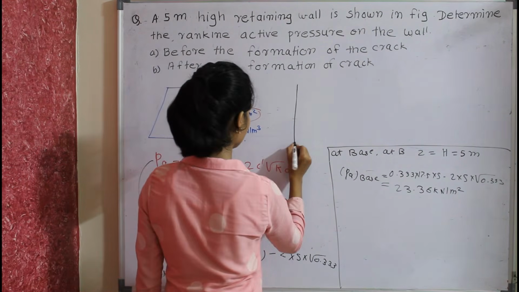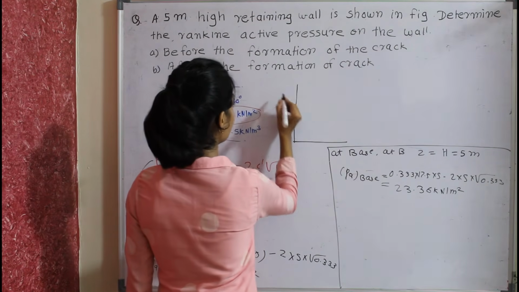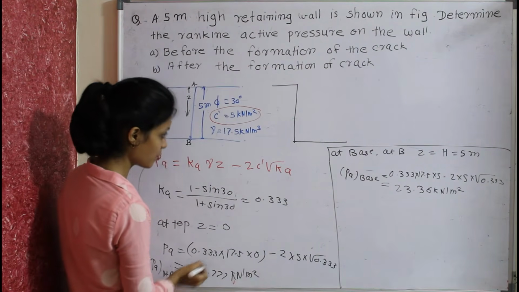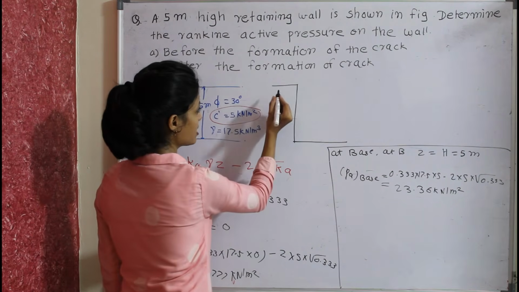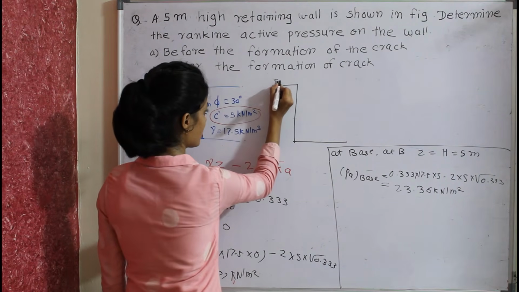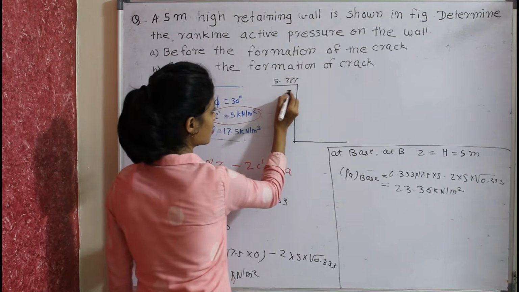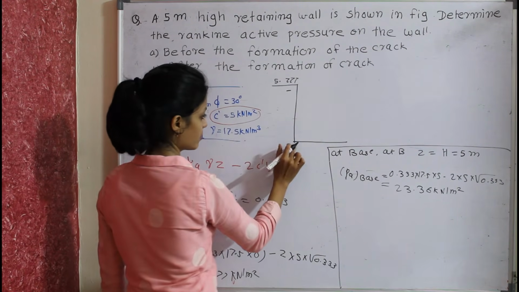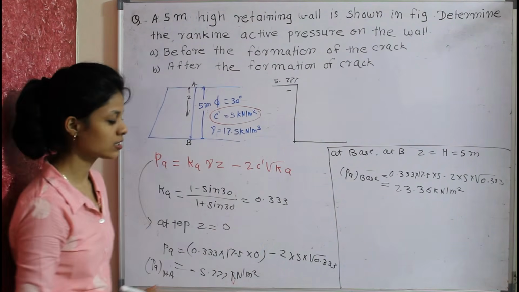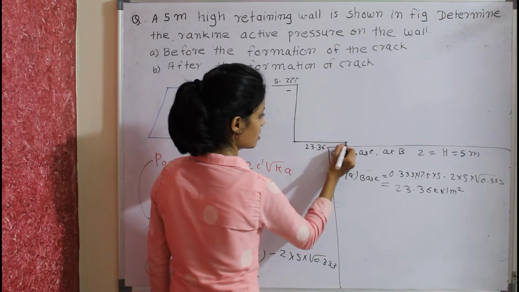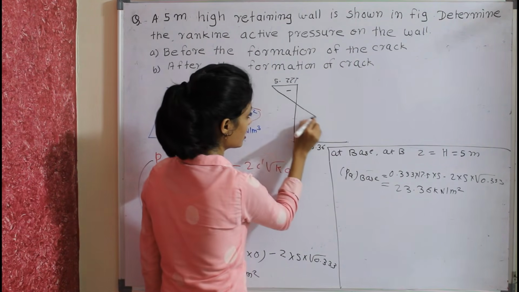Pressure distribution diagram. Here at top, the minus sign indicates negative pressure, 5.777 on the left-hand side, and at B, at base, positive pressure, 23.36. Connect this line.